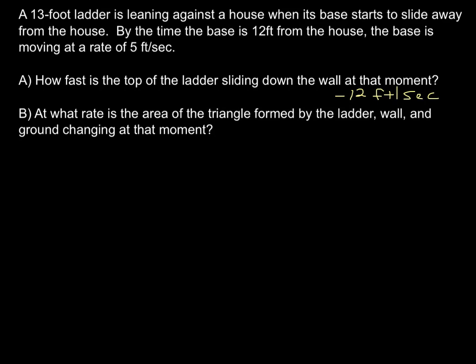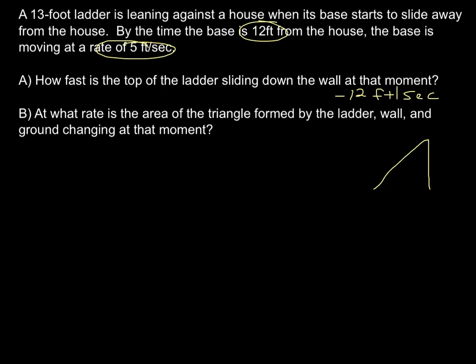Okay, we just need to remember that at that moment, the ladder's base is moving 5 feet per second away from the wall, and it is 12 feet from the wall.